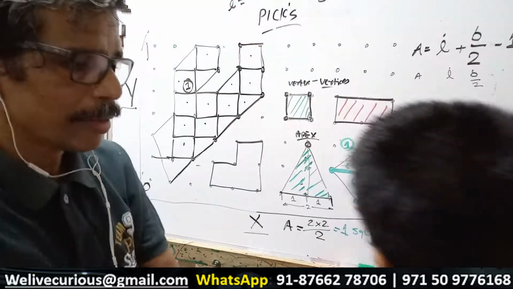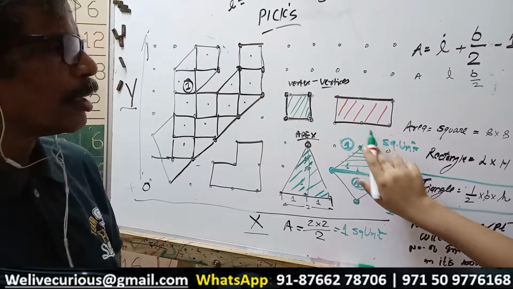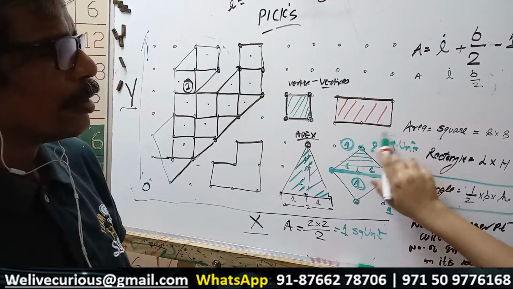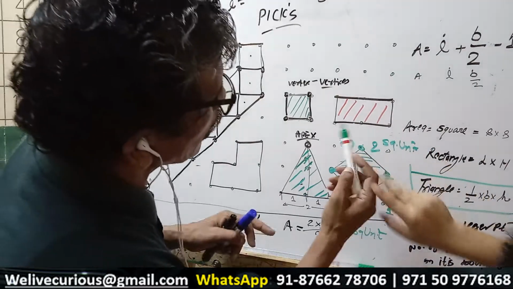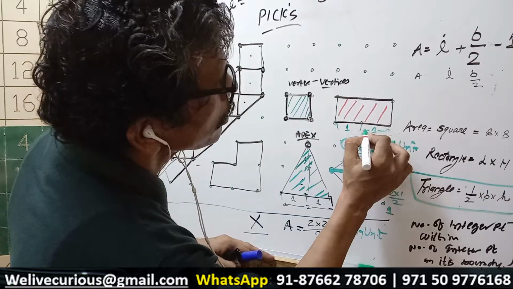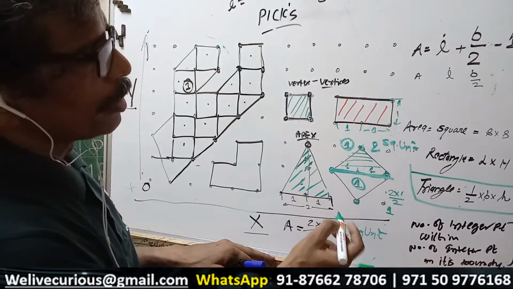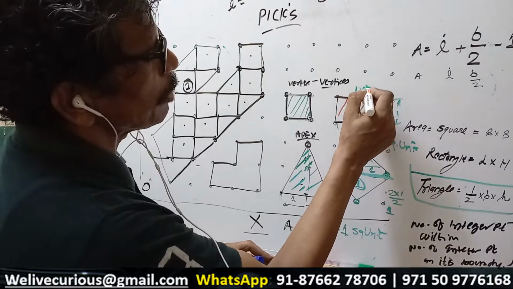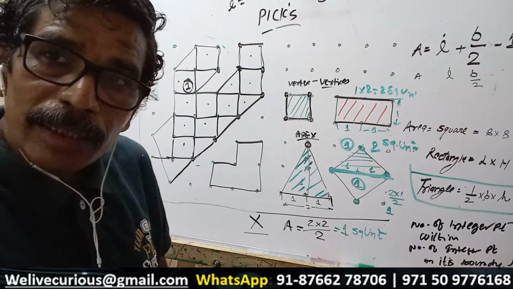One second, let me check the unit here. 1, 2 and 1 unit? Yes, 2 units. So we will write here it is 1 unit, here it is 1 unit. So what is the area? 2 is equal to 2. Very right. 1 multiplied by 2 is equal to 2 square units is the area.